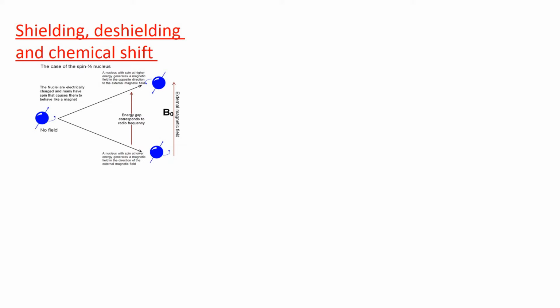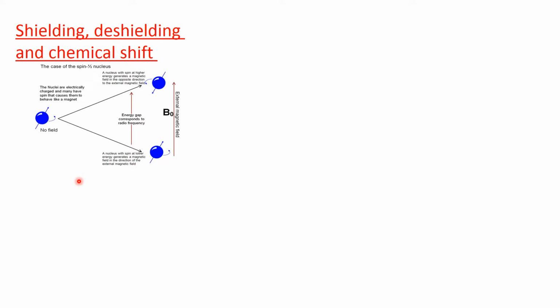In absence of any external magnetic field, the magnetic moment of this tiny bar magnet orients at any random direction. But as soon as the external magnetic field is applied, then this magnetic nucleus takes some specific number of orientations, which depends on the nuclear spin number.